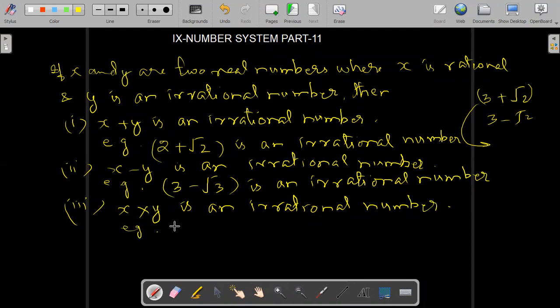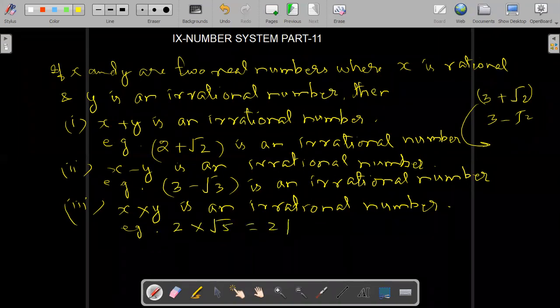For example, you can multiply 2 into root 5, so this will become 2 root 5. 2 root 5 is also an irrational number.